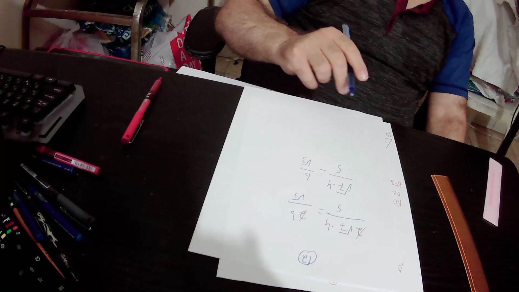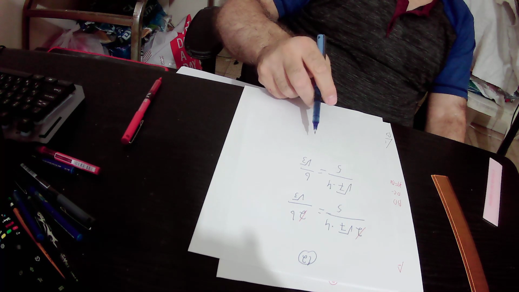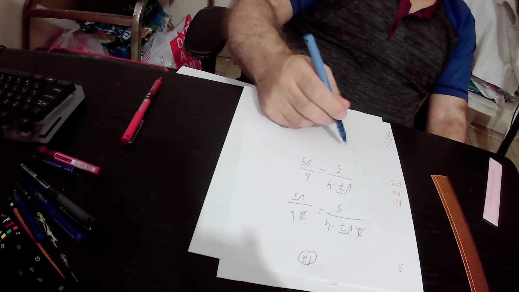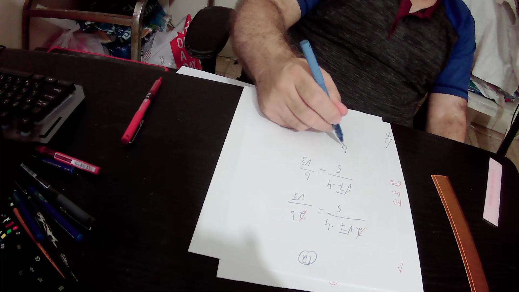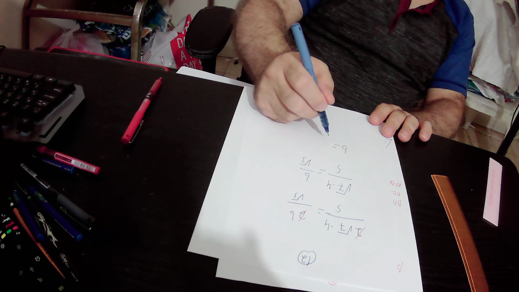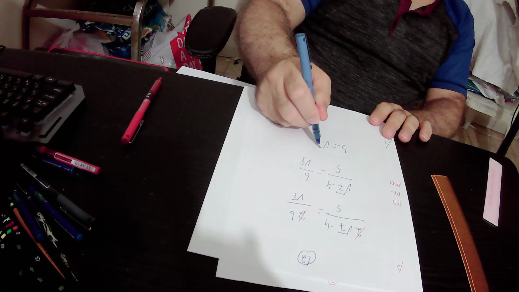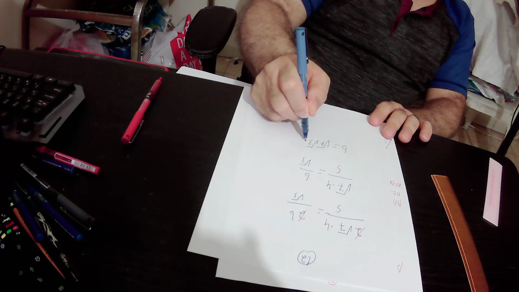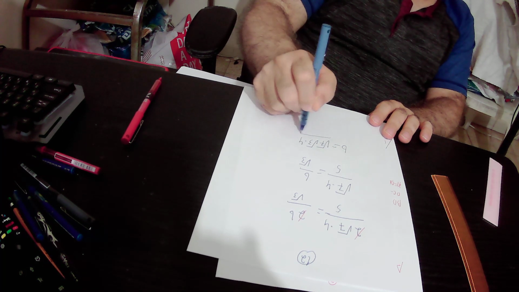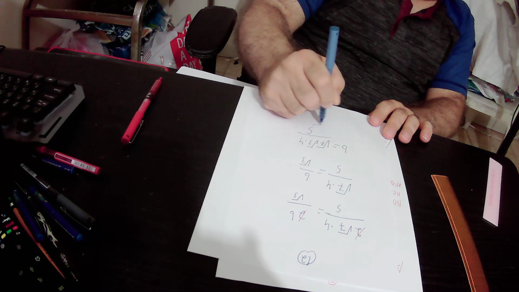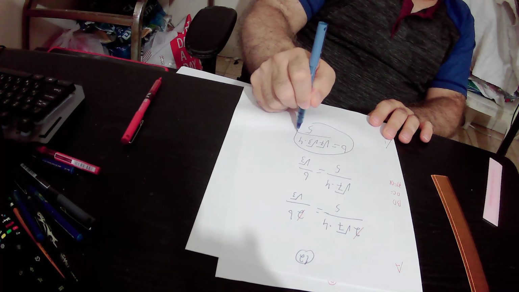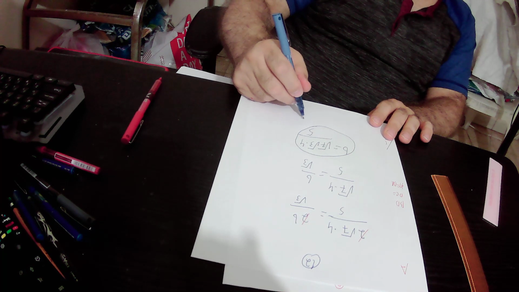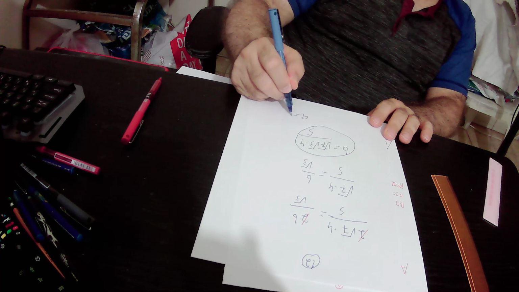So here we can simply multiply this equality by root 3 in order to get the value of B. So the value of B will be equal to root 7 times root 3 times 4 over 5. Okay, so we found the value of B, and we already found that the value of A is root 7 units.